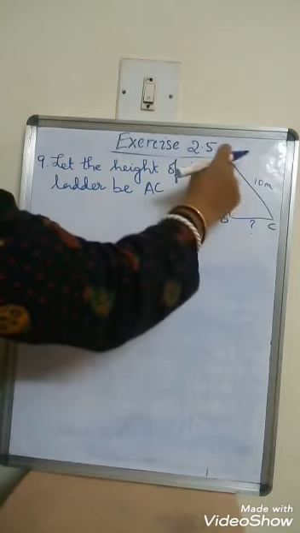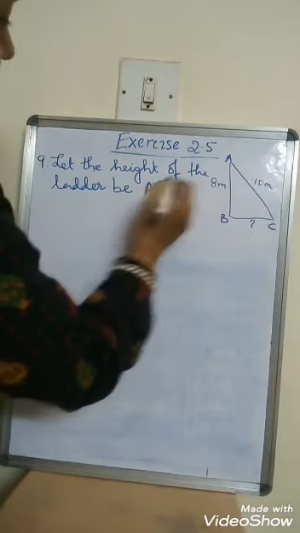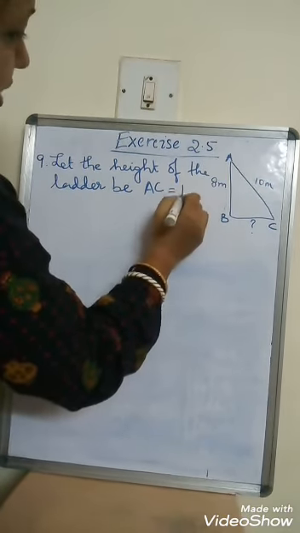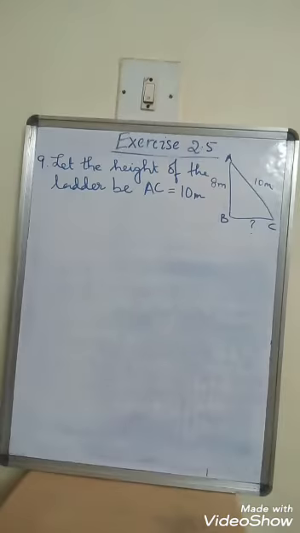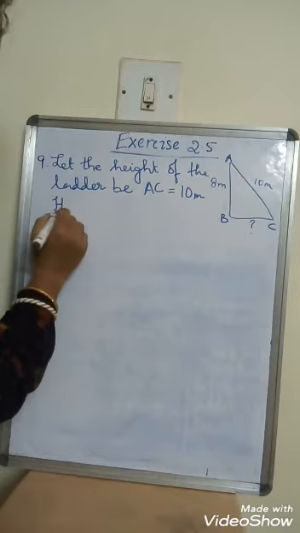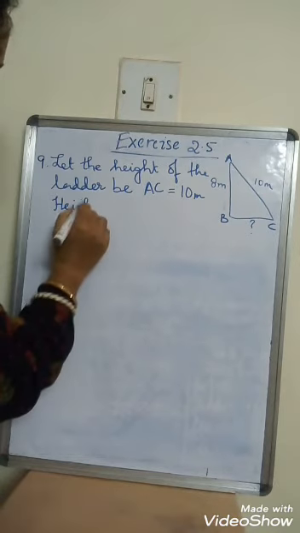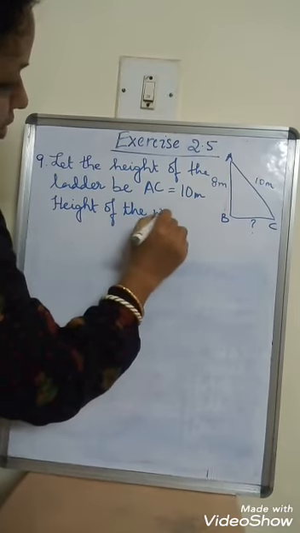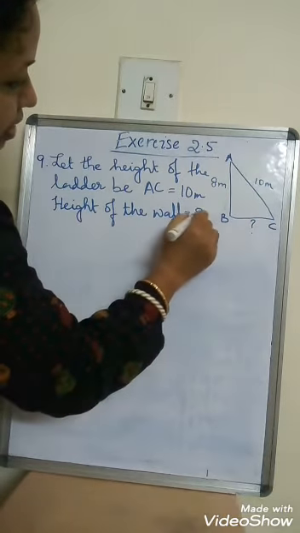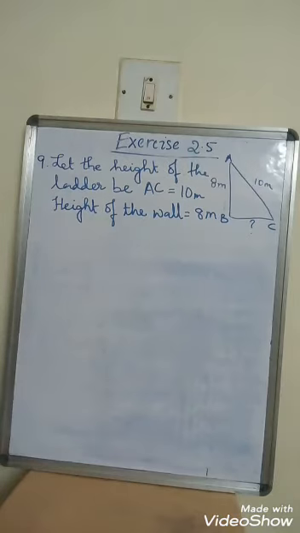We have assumed let the height of the ladder be AC, which is 10 meter, right? Next is height of the wall is how much? Height of the wall is equal to 8 meter, right?